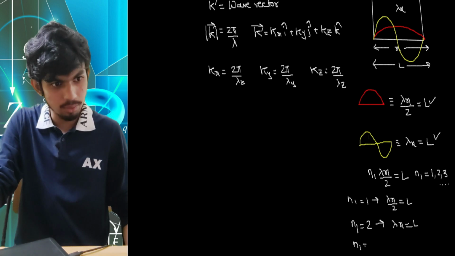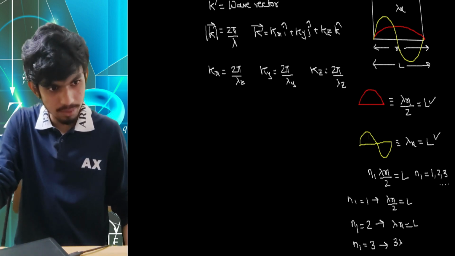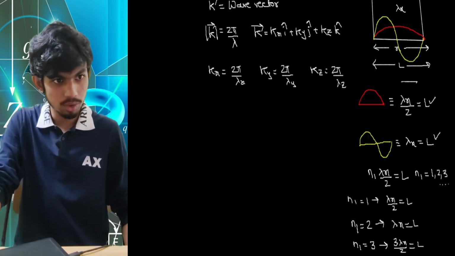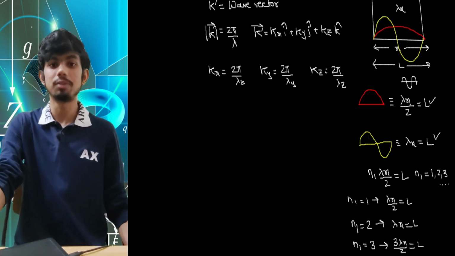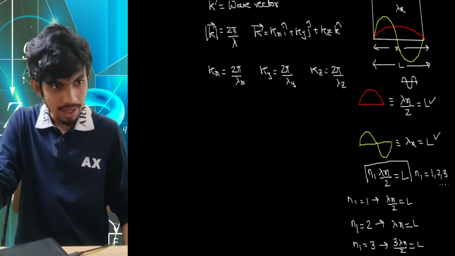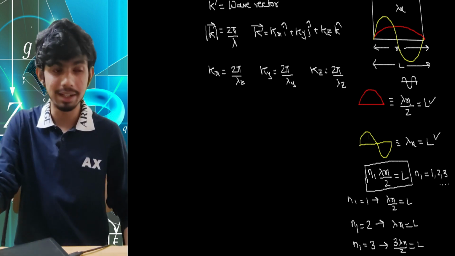When n1 is equal to 3, I will have 3 lambda x by 2 equal to L, which will be the next standing wave, something which will look like this, which I have not drawn. So you can see that from this single expression, I can get the pictures of the various different standing waves.